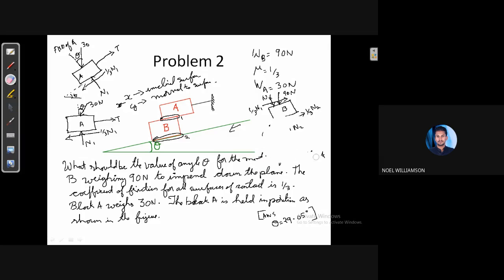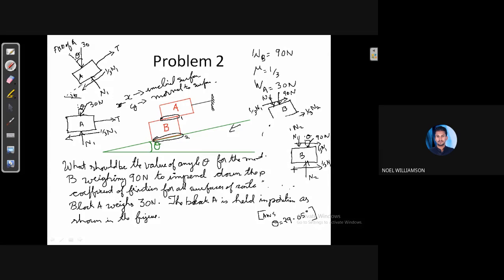You can draw here, this is B, and you can see the weight 90 Newton at an angle theta, normal N1, normal N2, and the frictional forces like this, 1 by 3 N2 and here 1 by 3 N1.